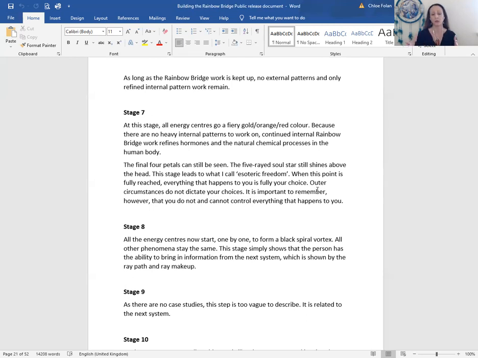Meaning, when you look at our galaxy, it's a spiral galaxy, but it didn't always have all of those colors. It would have started off as a small black spiral before gathering more material to form that galaxy. And that is, once again, the law of correspondence.